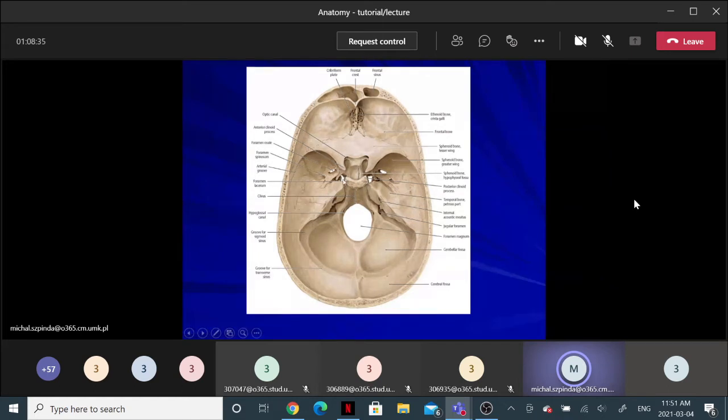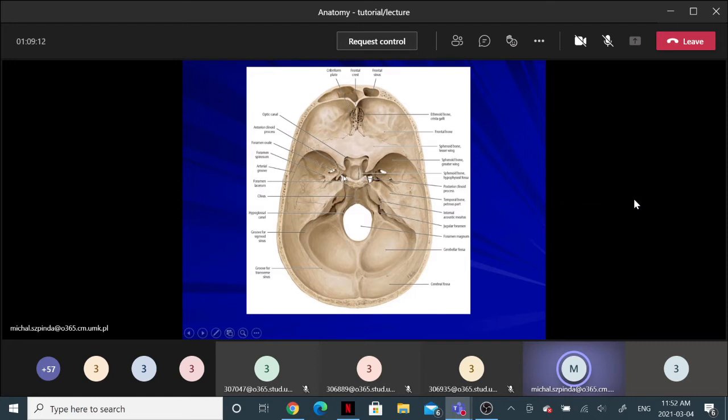Lacerum means just torn, foramen lacerum. And the foramen lacerum has two margins. Its anterior margin is composed of the posterior border of the lesser wing, while its posterior border refers to the petrous temporal bone, its apex.